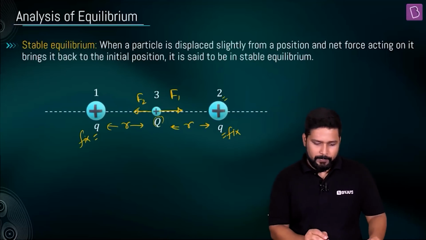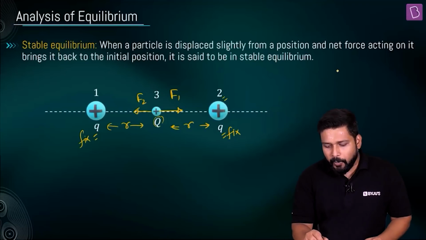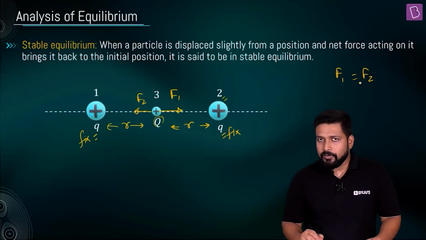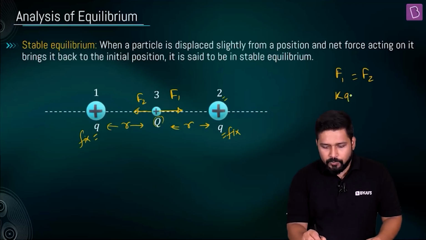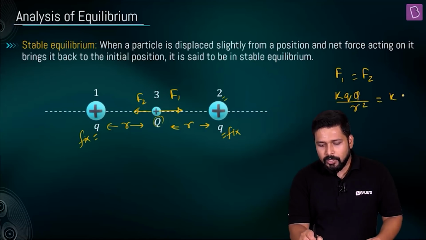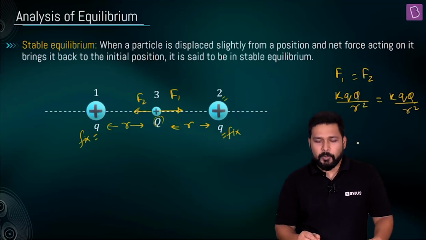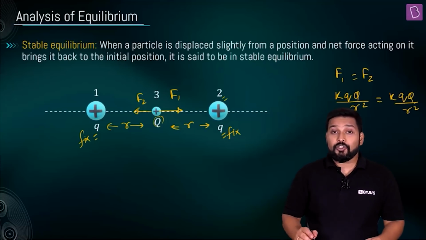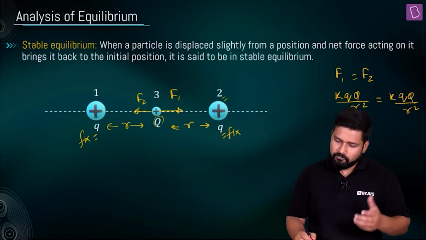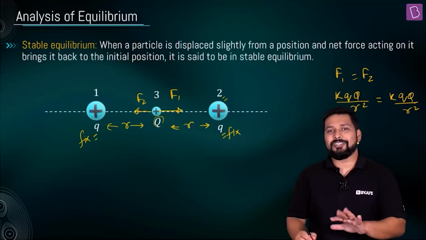At the midpoint F1 is equal to F2, because F1 is K q Q divided by r square, and this is equal to K q Q divided by r square. Both of them are equal in magnitude and opposite in direction. So the value of the net force is equal to 0.